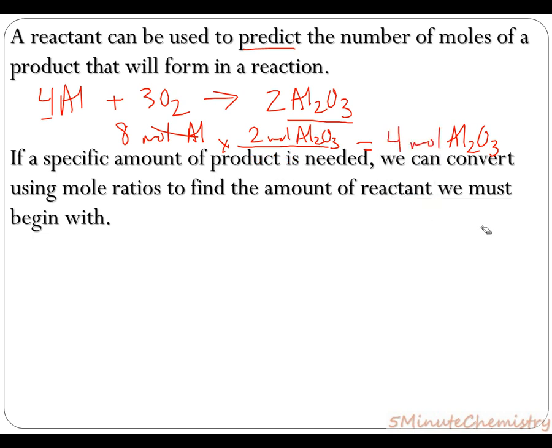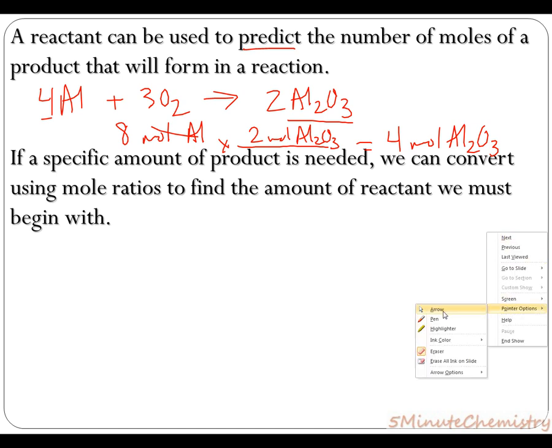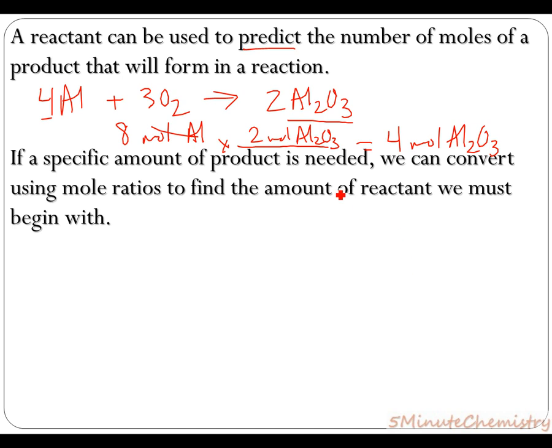So now, if a specific amount of a product is needed, so this time instead of knowing what we start with, we know what we want to finish with, you can also use a mole ratio to convert that. So let's say we needed to find 10 moles of aluminum oxide.